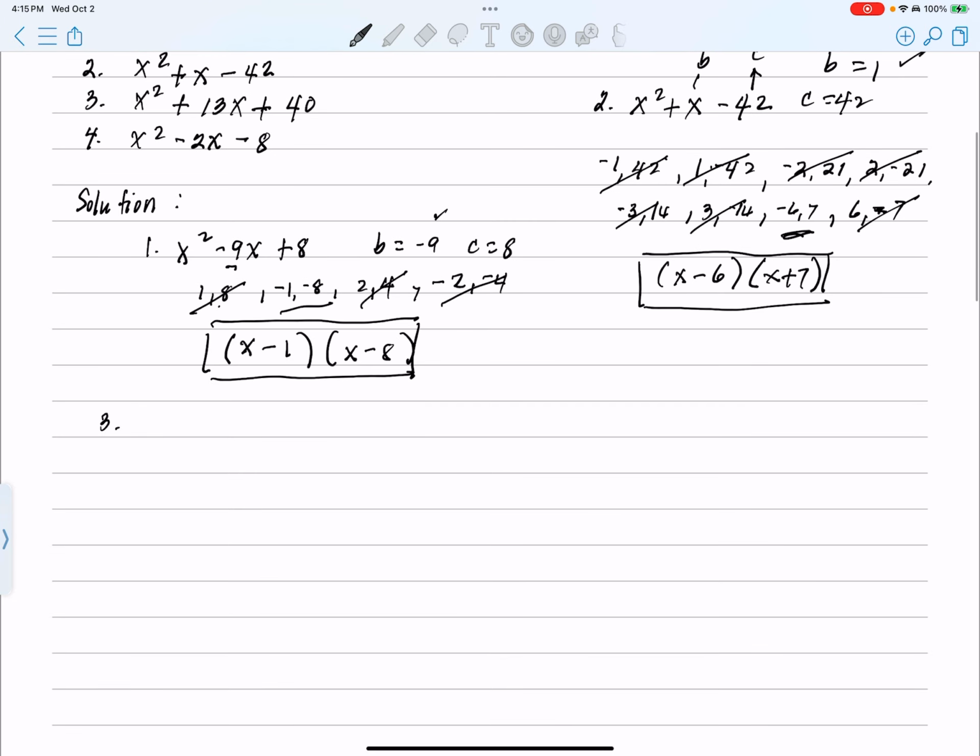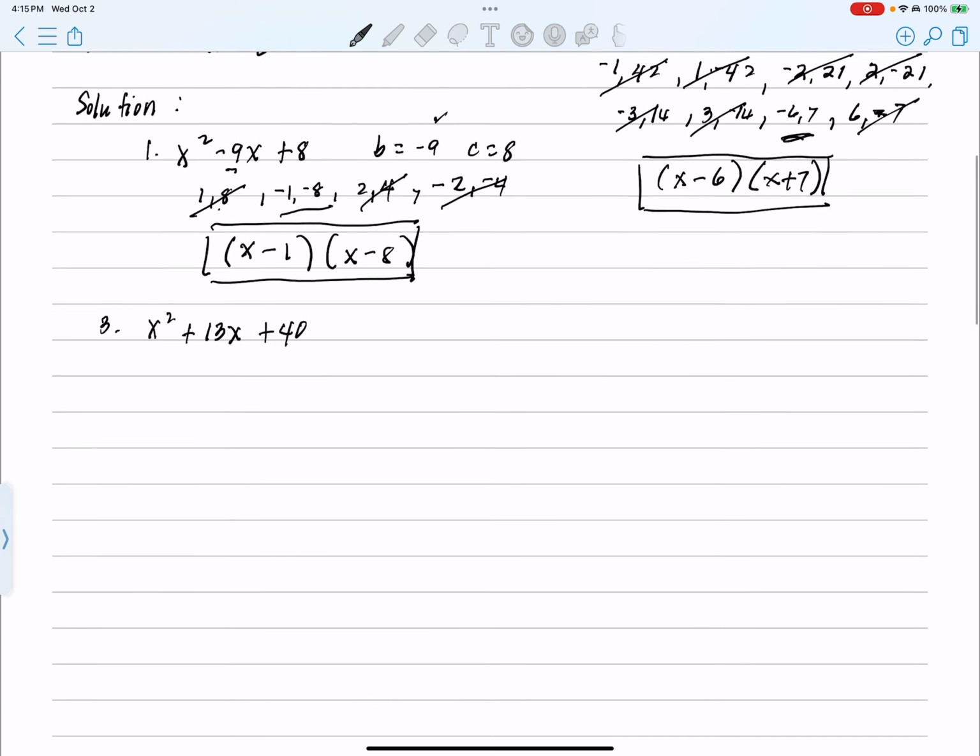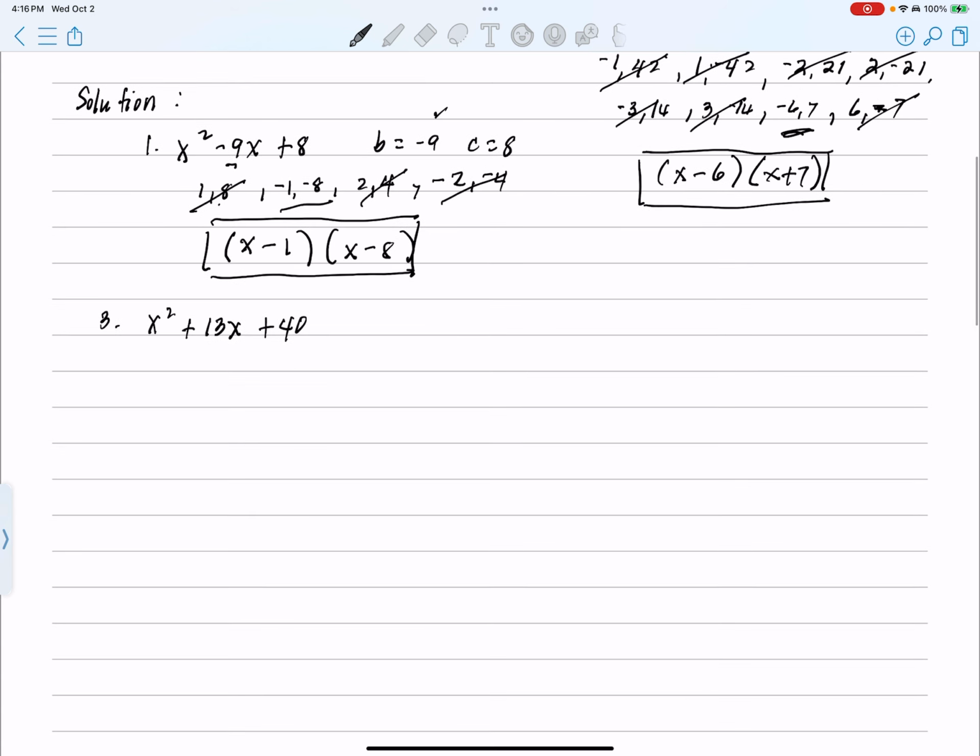We have x squared plus 13x plus 40. Okay, look for c. C is 40 and b is 13. That's your basis.